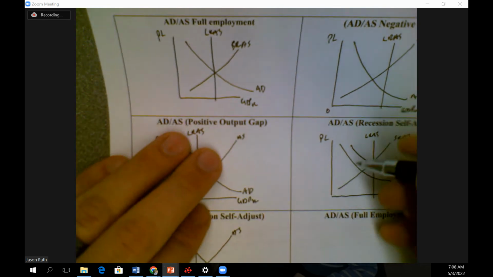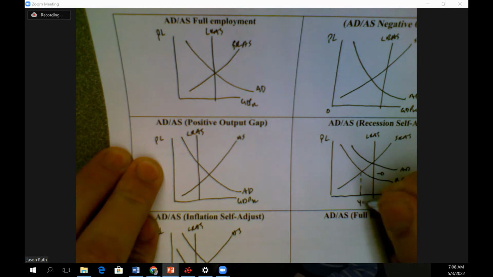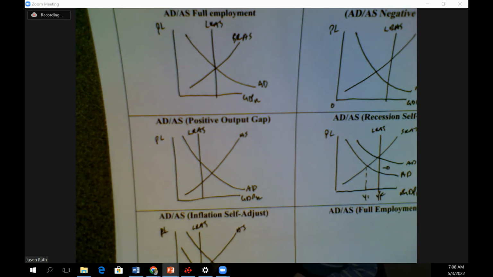Shifting to the right or to the left. And don't forget I didn't label, but this would be full employment. And this would be Y1. And then you have supply, which shifts to the left for some reason. And then that would be that.